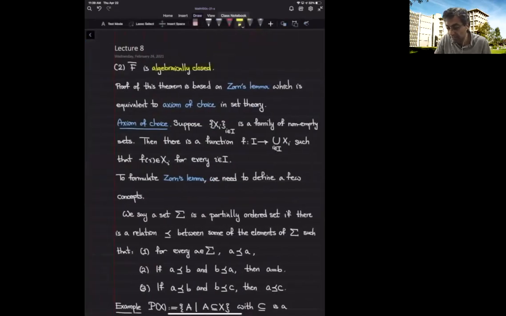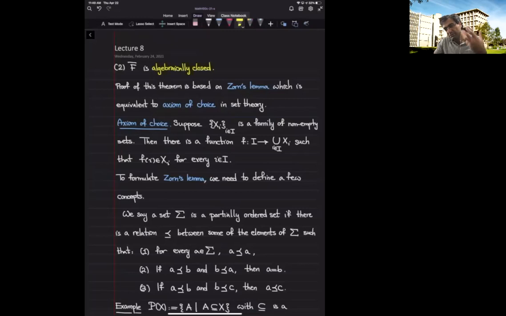So this is the existence part. And we will also show the uniqueness part of this. We will show that such an algebraic extension, which is algebraically closed, is unique up to isomorphism. We call it an algebraic closure of F. So any two algebraic closures of F are isomorphic. So we will prove existence and uniqueness separately.